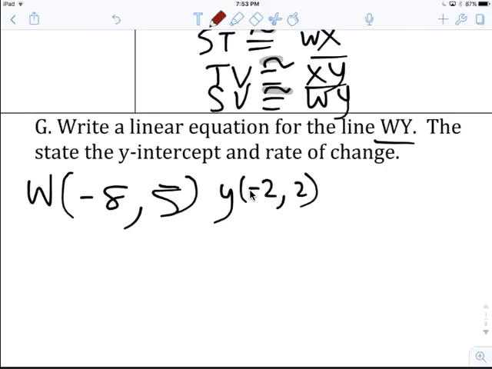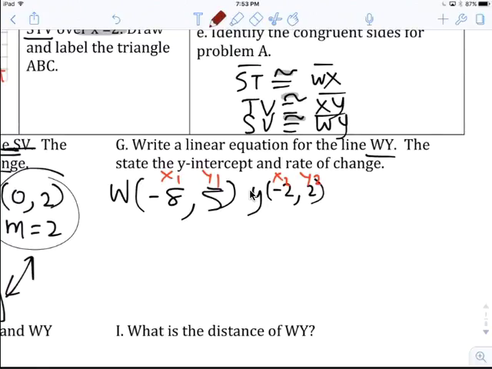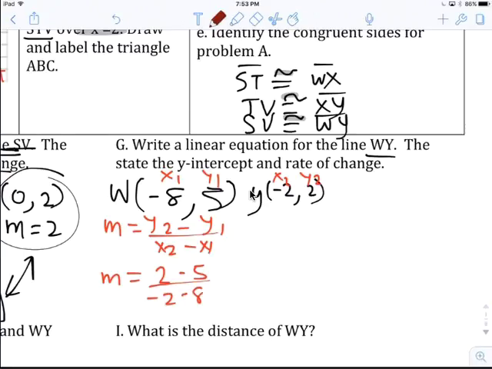Okay, this is x1, y1, x2, y2. And you get m, the rate of change, is y2 minus y1 over x2 minus x1. M is 2 minus 5 over negative 2 minus 8, negative 8.